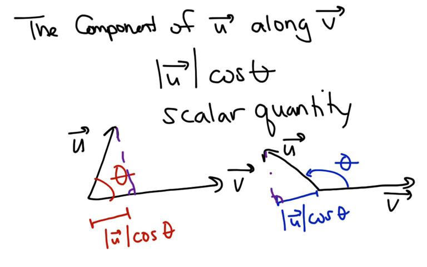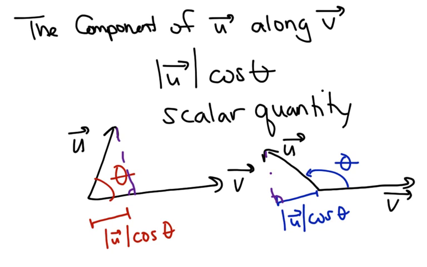If the angle between the two vectors is acute, the component of u lies on vector v. If the angle between the vectors is obtuse, the component of u along v is going to lie in the same line as v, but in the opposite direction.